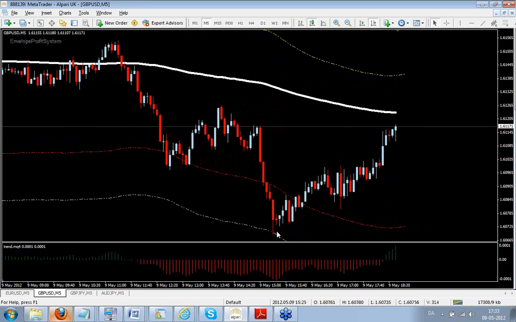And then you can see here it nailed the low to the pip, and now price went up 48 pips. I have even been told you can trade counter trend at this second profit target, and you can actually do that, but I'm not going to tell you about this because that's not the envelope profit system. The envelope profit system is a trend following system.